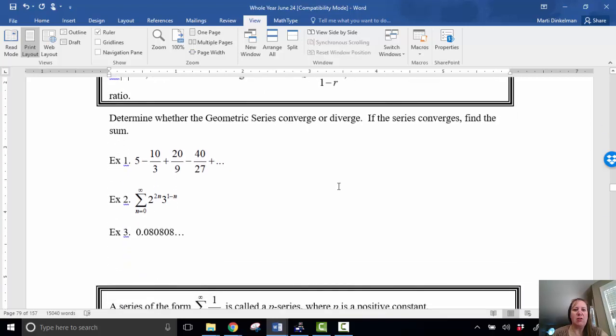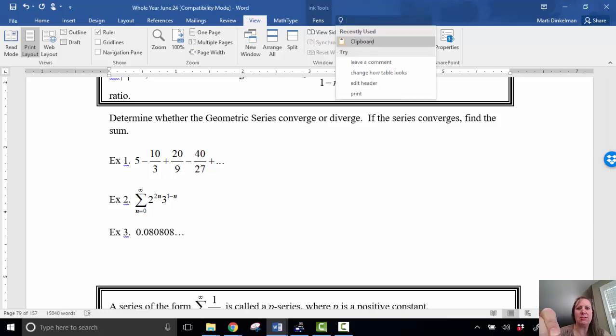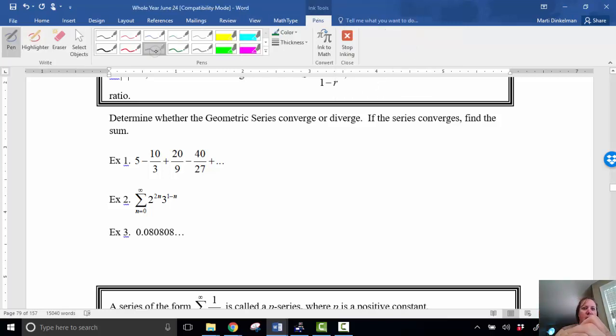So let's go ahead and look at these 3 examples that have to do with the geometric series. This one's not set up in sigma notation, and we could set it up in sigma notation if we wanted to, but we don't have to. Let's just write out what we think the terms are here. So first of all, I would say a is 5 because that's just the first term. r again is the ratio.